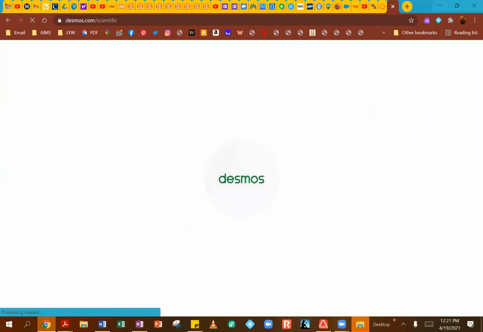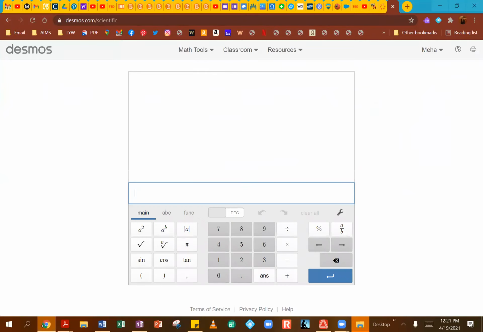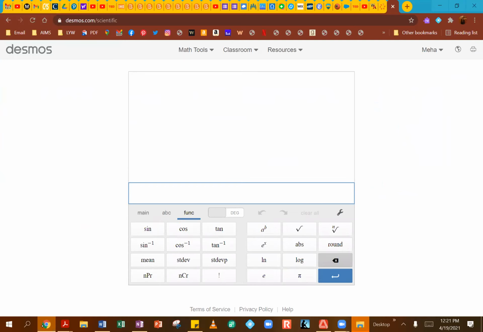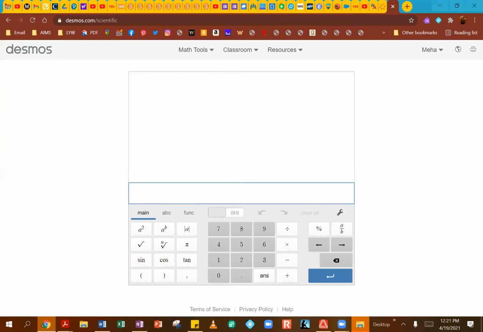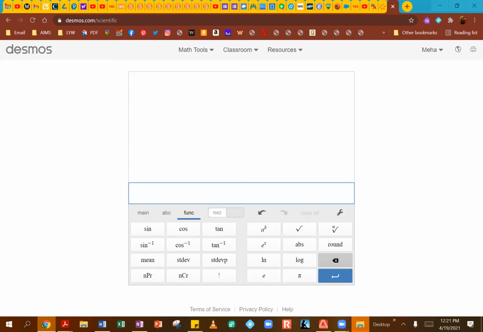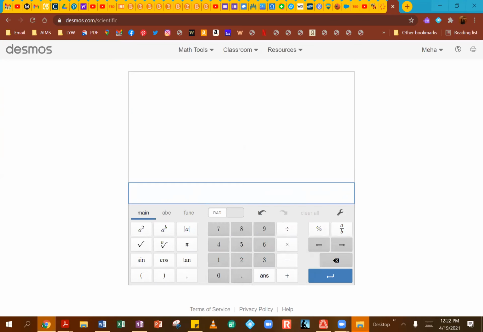So we'll do our scientific calculator here, trying to see if they have... Okay, I'm actually not seeing it. In Desmos, you can't do minutes or seconds. You cannot? No, you cannot. Okay, so for this one, then let's see.